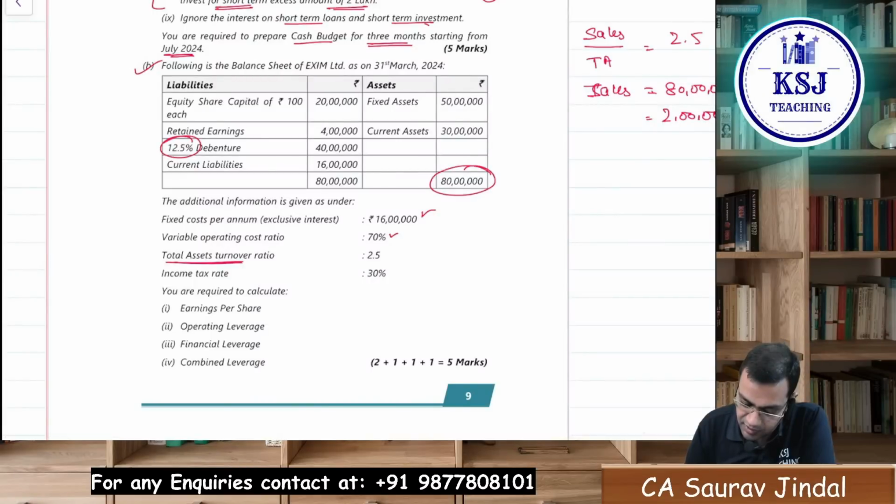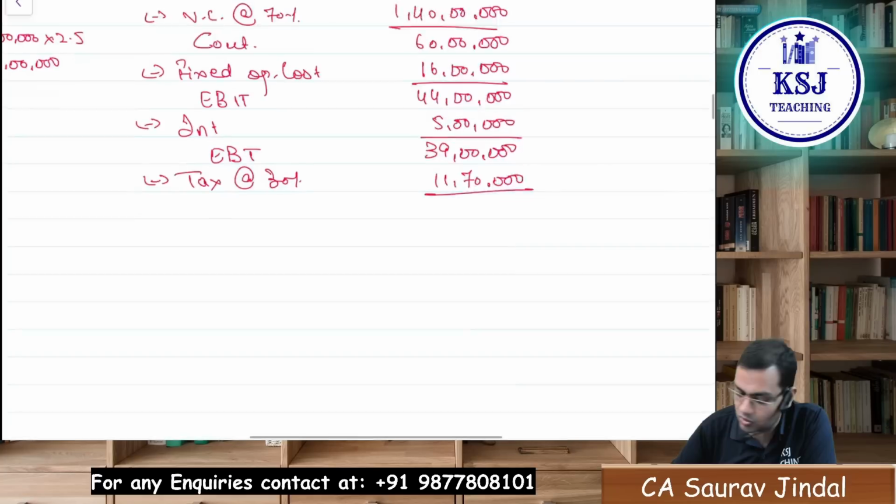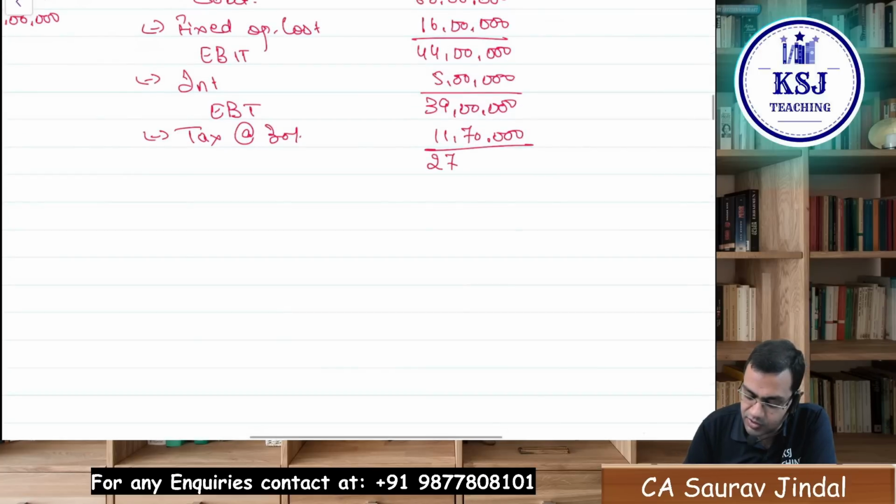Tax rate is given 30%. 39 lakhs, 30% of it will be 11 lakh 70,000, right? So 27 lakh 30,000 will be your earnings after taxes.